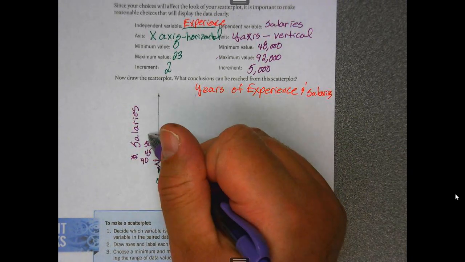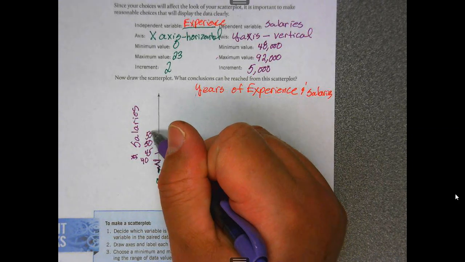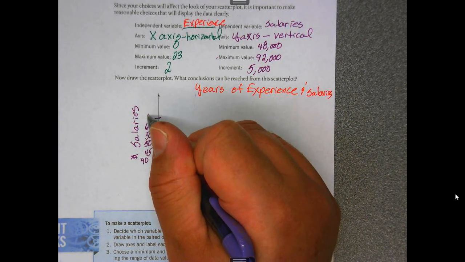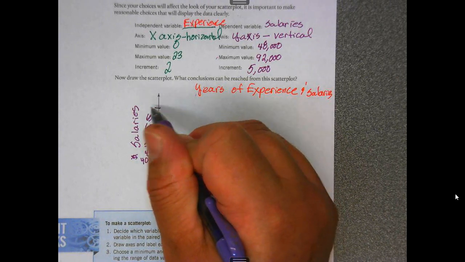I should go 95. I could have probably made it a little bit bigger than 5,000. I'm going to shrink this up. Dollar salaries in thousands.